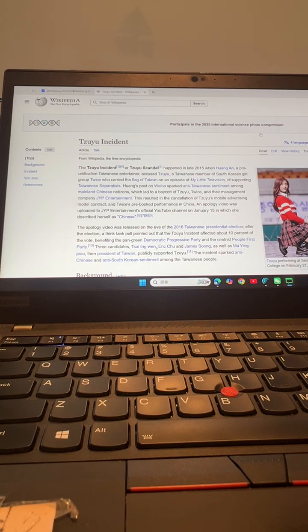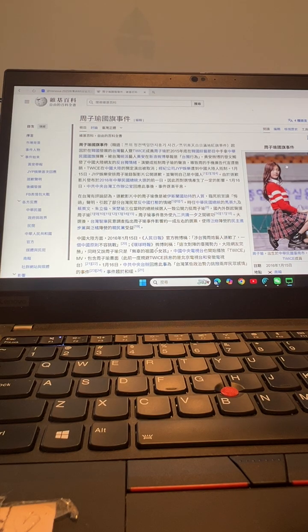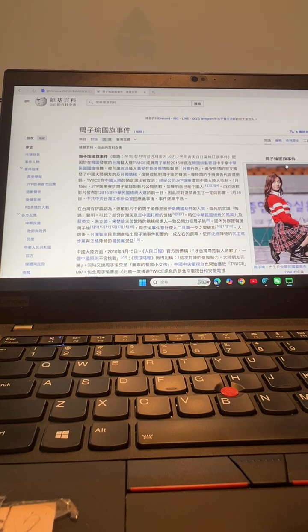So can I use this evidence? Can you send the link of the website? Oh no, I put it in the document already. Wait, I'll do it here.